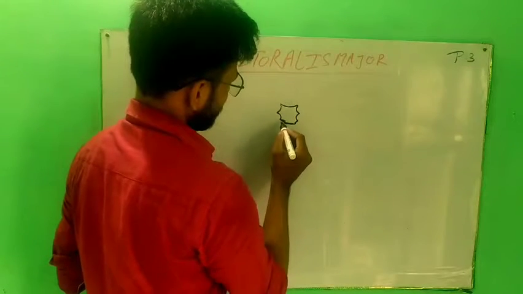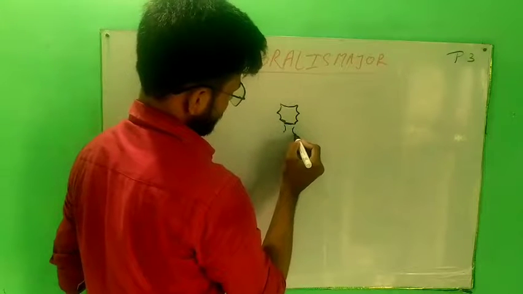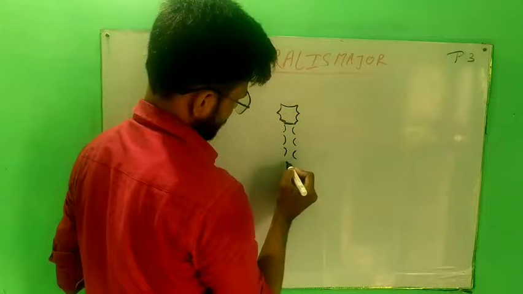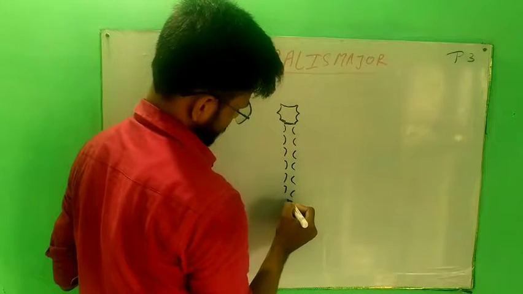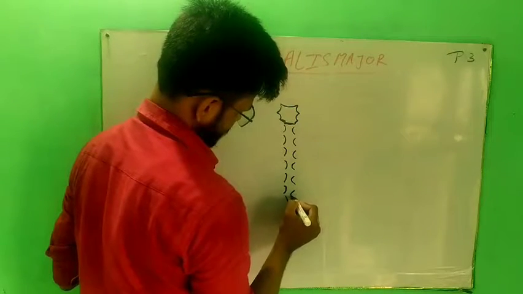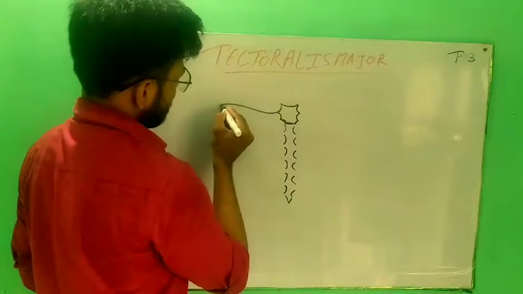This is the manubrium. This one is the clavicle.